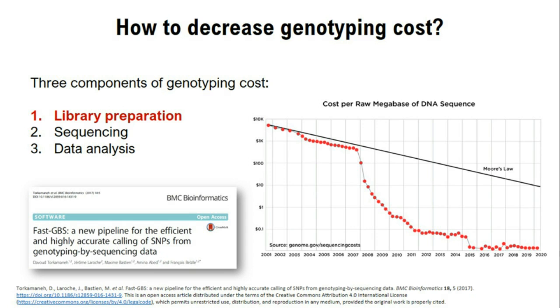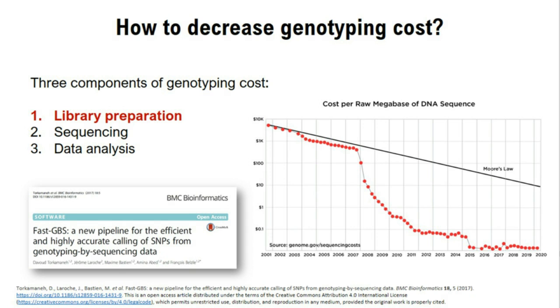Also, in the last few years, we have made a lot of progress and improvement in the bioinformatic data analysis, where we can now quickly and cost-effectively process the sequencing data.